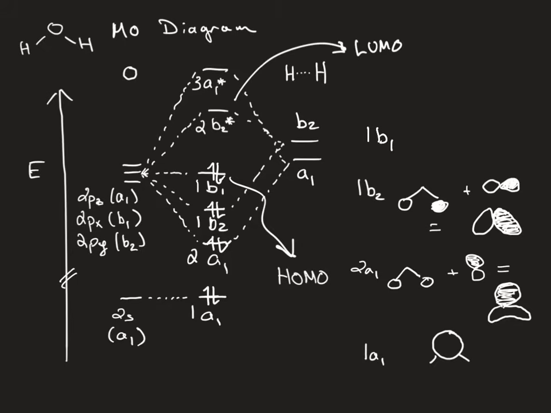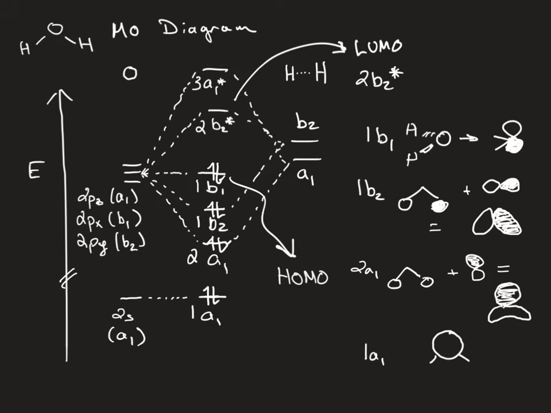The 1B1, to a first approximation, is a non-bonding 2px orbital. I'm going to reorient the water molecule like this so that I can draw it like that. The out-of-phase combinations, the 2B2 star, are now this out-of-phase with this combination.